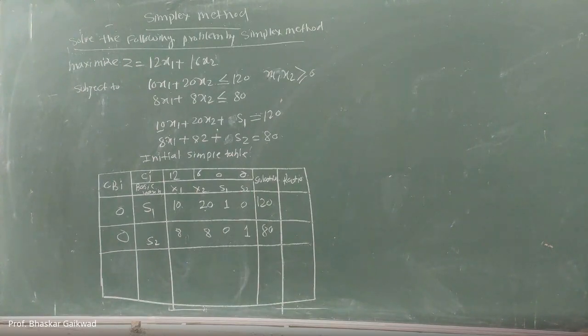So this is the table. Initially you have to make the table. After this, find out the Zj.